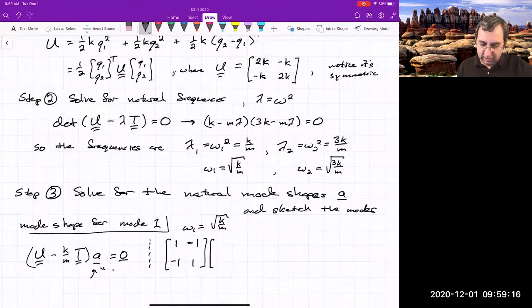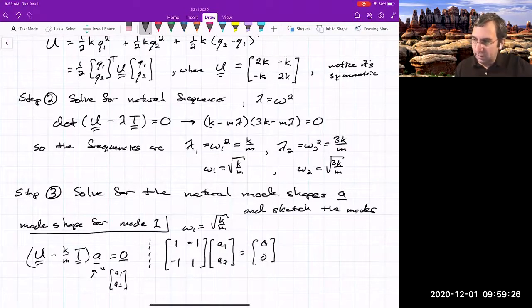A here is a 2-vector, A1, A2, equals 0, 0. From this, we notice that we've got A1 minus A2 equals 0. We've got 2 equations here, and they're giving the same thing. So that means A1 equals A2.